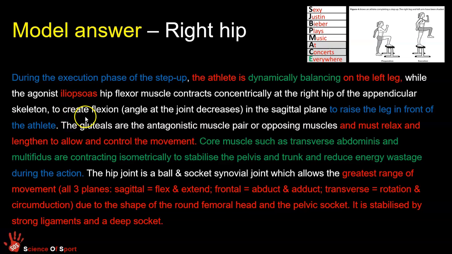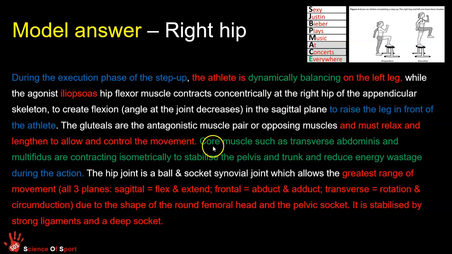It's things like not only saying it's flexion, but including the definition. That stuff is really good. It's not only saying that this athlete on the left leg is balancing dynamically so that the right leg movement can occur without wobbling, without going off balance and failing to do the movement.